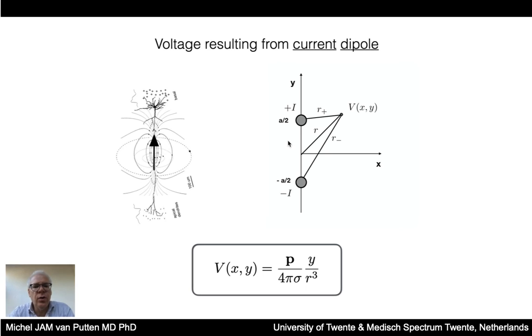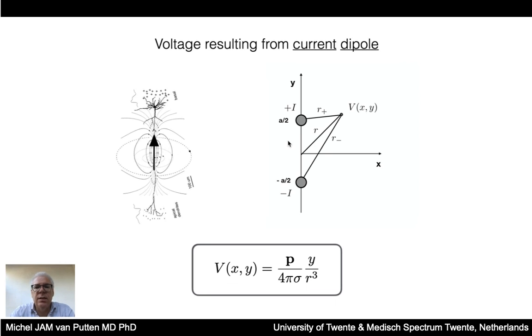Now, just to recall, you had this in your physics or bioelectric and magnetic course. The current dipole is composed of a current source and a current sink at a particular distance a, and it results, of course, in currents in the conducting medium that we will assume to be present.